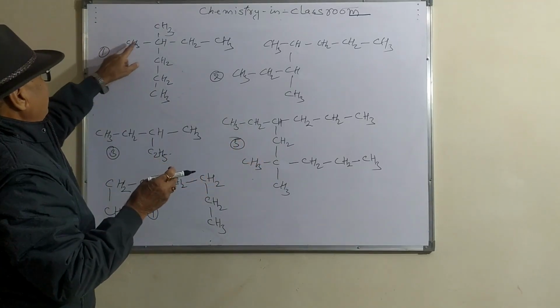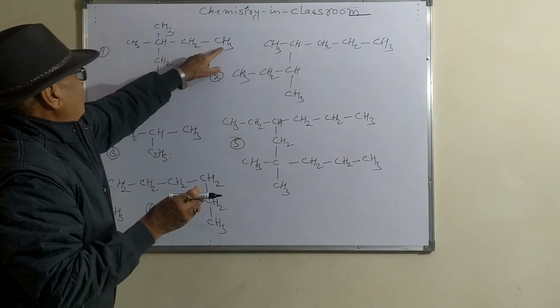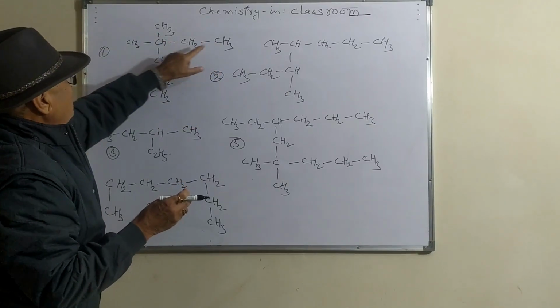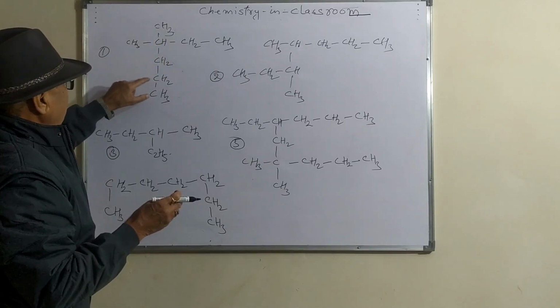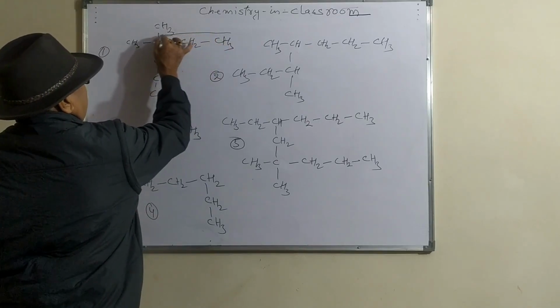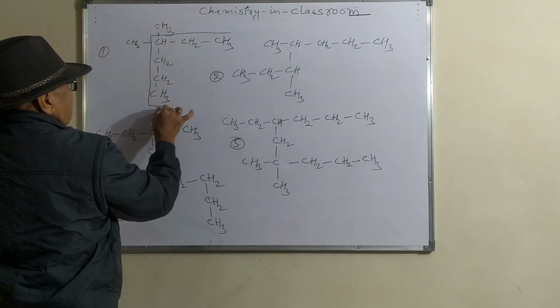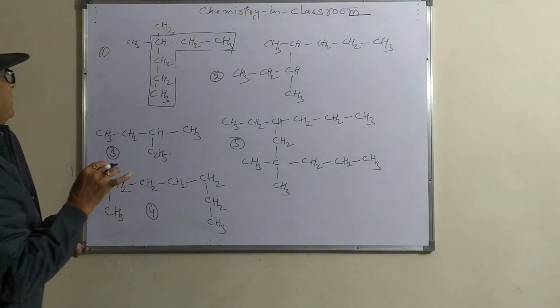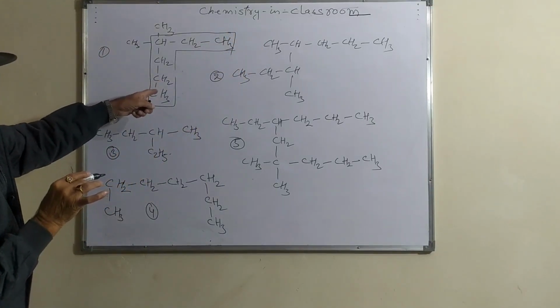So count here 1, 2, 3, 4. 4 carbon atoms. Here 1, 2, 3, 4, 5, 6. So this will be the longest chain in this compound. So here there are 6 carbon atoms.